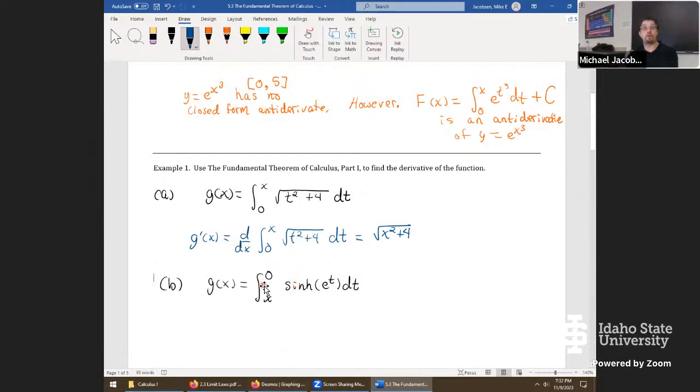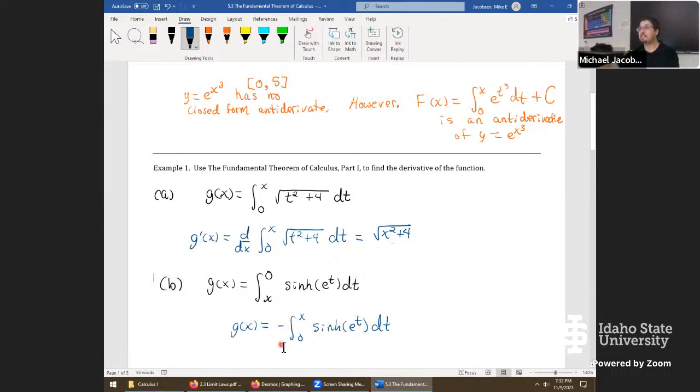Anyone see the way we could fix this to make it work? The negative, the x on top and the negative in front. Exactly. We can flip this around and get, to start, g of x, negative in front, integrate from 0 to x of sinh e to the t dt. So now we're in great shape.